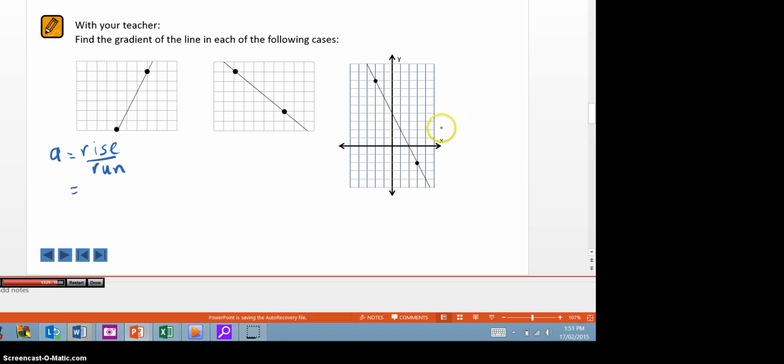So a rise of -3 divided by a run of 1 gives us a gradient of -3. So always solve these out or simplify them as much as you can. Now we've got all the information to put it in the general equation. So y = -3x + 3. And that's our answer.